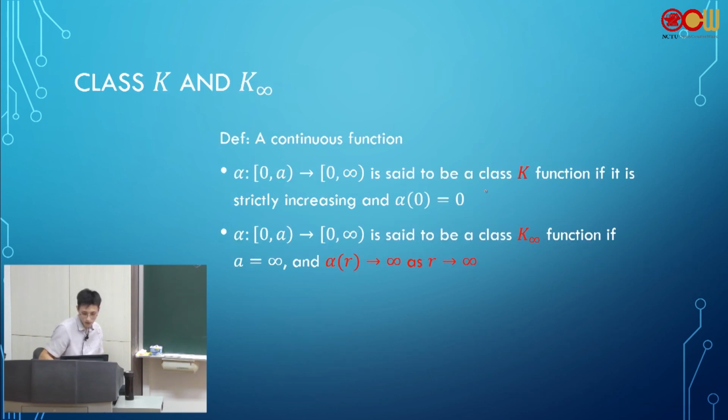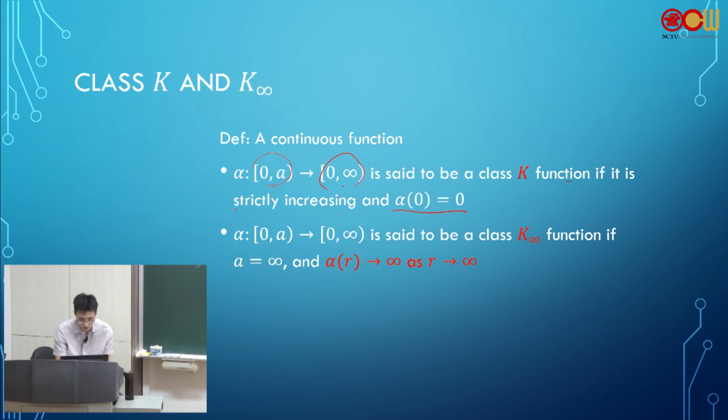Now there are a few functions to be defined, and we call them class K or class K infinity functions. So what is class K? A function alpha that maps from this space to this space, from a scalar to another scalar, is said to be a class K function if it's strictly increasing and 0 at 0.